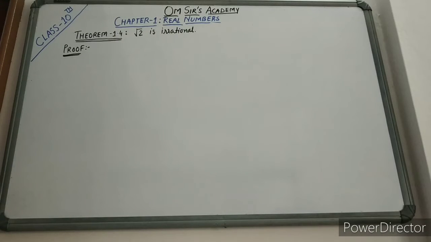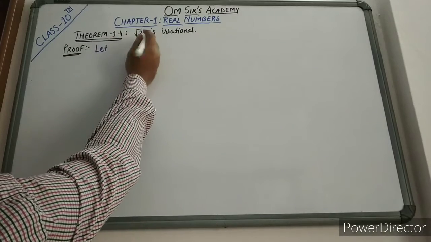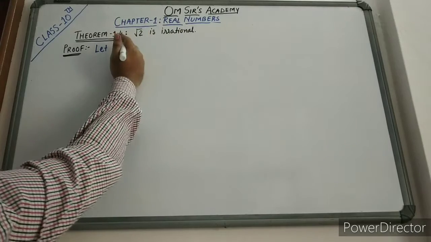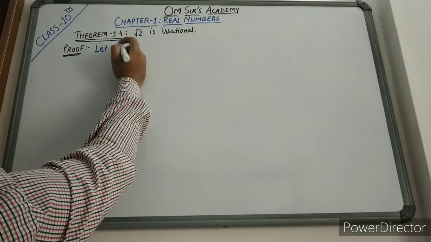Okay, so first we will assume that if we want to prove that root 2 is irrational, we will assume the opposite, that is, let root 2 be a rational number.